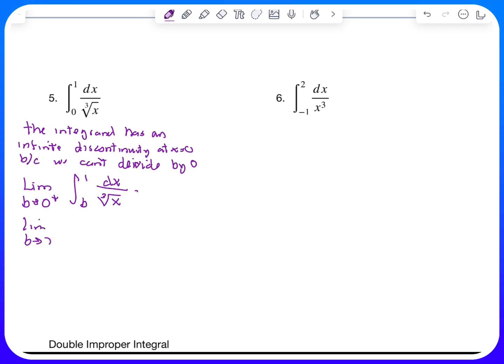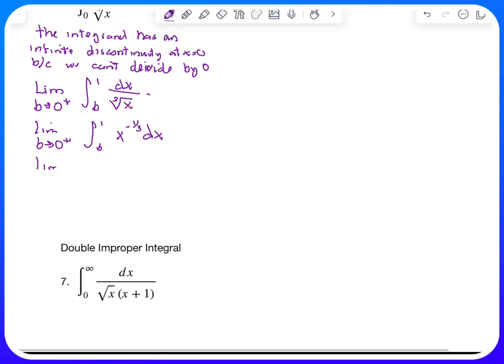So first we're going to find the integral. I'm going to rewrite this as x to the negative 1/3 power. And then the integral of that is 3/2 x to the 2/3 power, evaluated from b to 1. Then we're going to evaluate that integral.